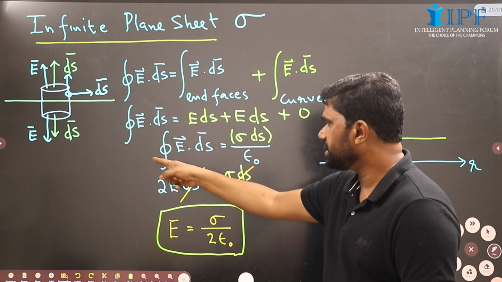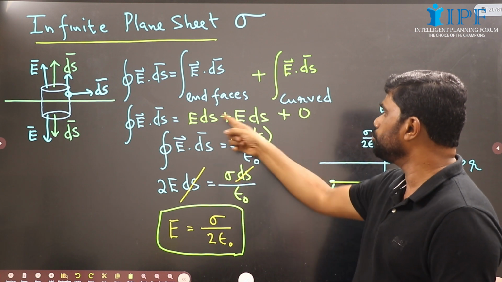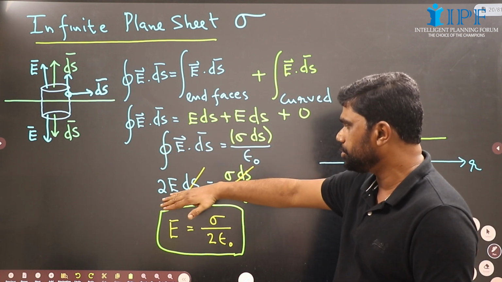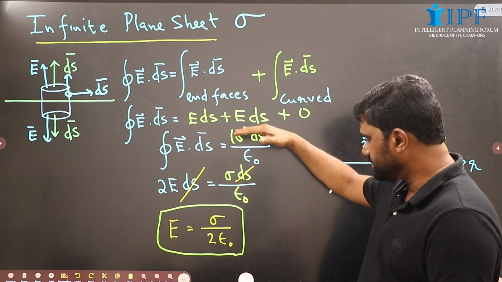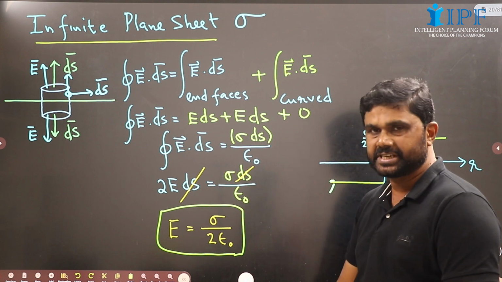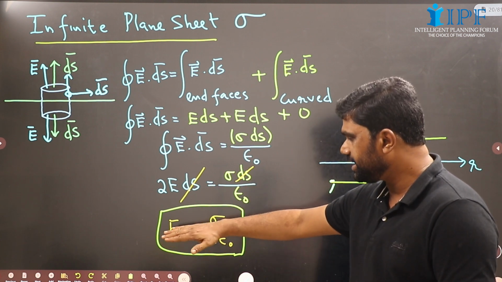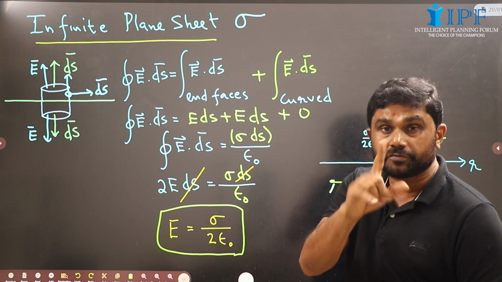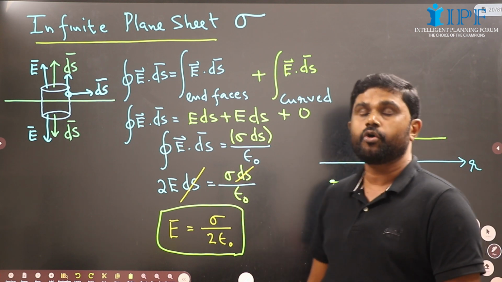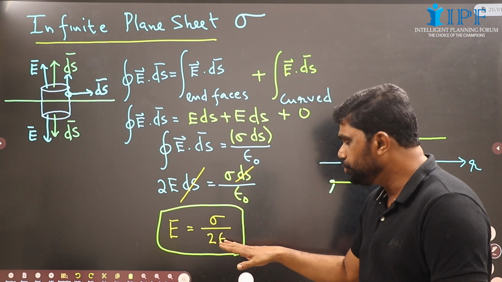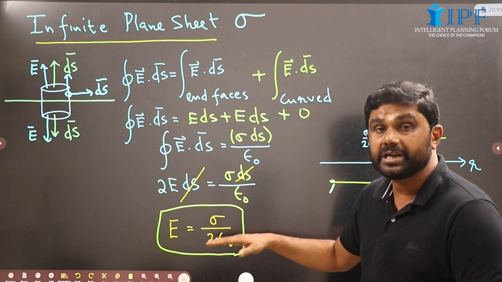We have calculated that the closed integral E dot dS is 2 E dS, so dS on both sides can be cancelled. We get the intensity of electric field due to an infinite plane sheet of charge as sigma over 2 epsilon 0.